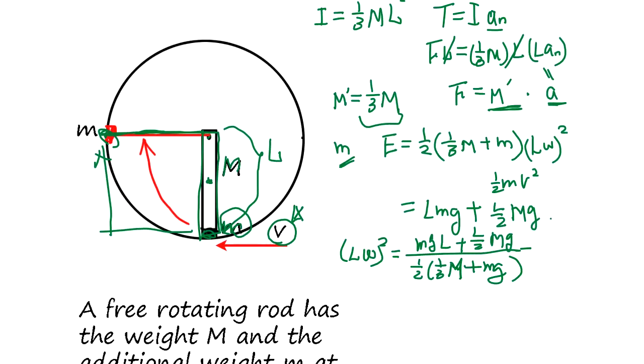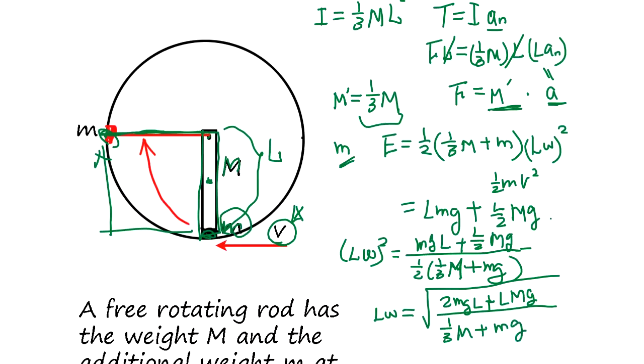So L omega equals the square root of 2 (m g L plus L/2 M g) over (1/3 M plus m).